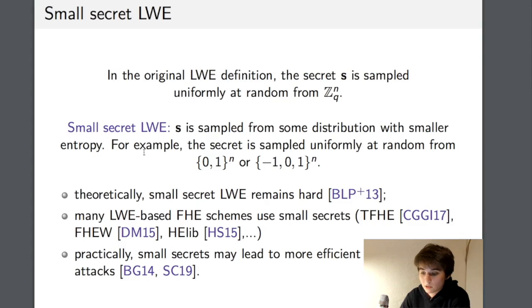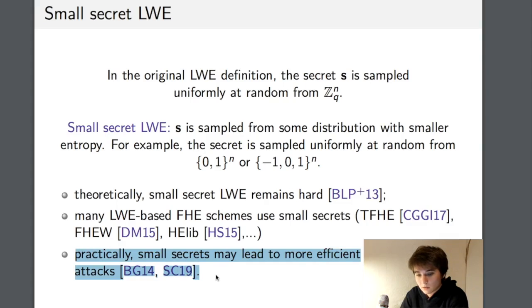For example, the secret can be a random binary or ternary vector. Many existing fully homomorphic encryption schemes based on LWE or ring LWE use small secrets. There are theoretical results proving that small secret LWE still remains a hard problem. Practically, for some parameters, small secrets can lead to a more efficient attack against such schemes.